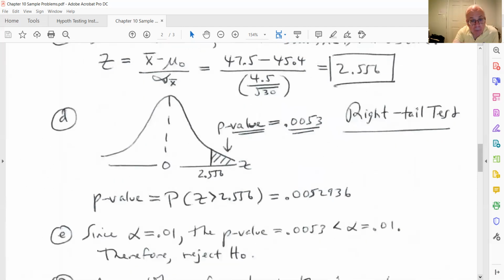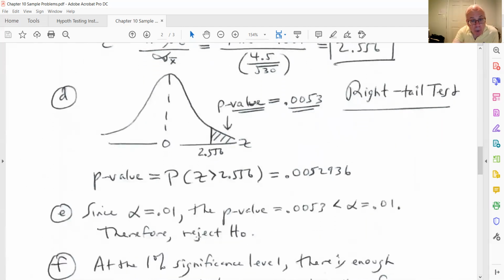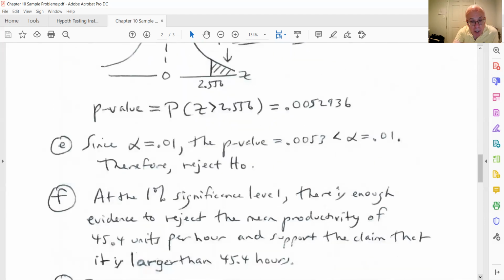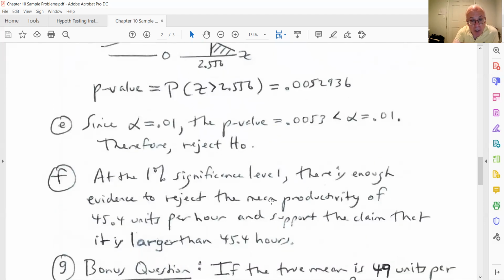And then since alpha is 0.01, and this p-value is less than alpha, we're going to reject the null. And therefore, we're going to say something like this: at the 1% significance level, there is enough evidence to reject the mean productivity of 45.4 units per hour and support the claim that it's larger than 45.4 units per hour. All right, so that's it.